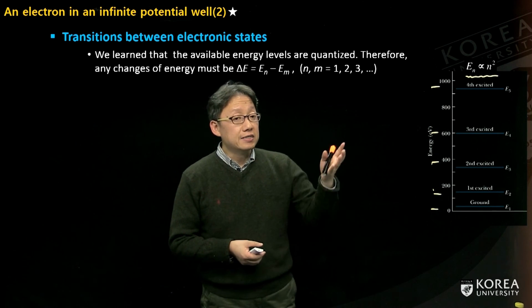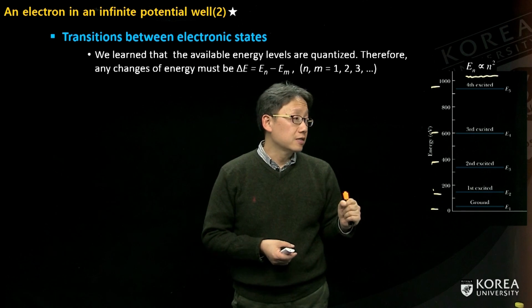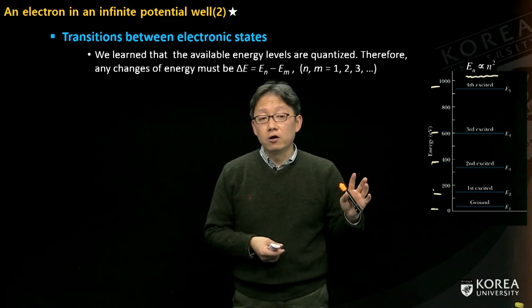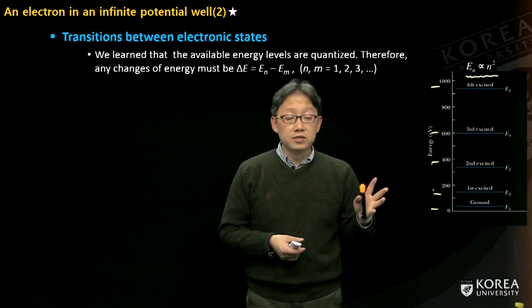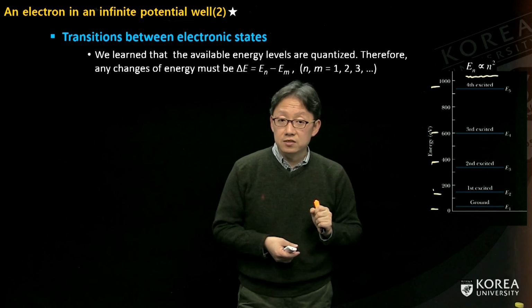Okay, and what it tells you is that in quantum physics, especially in the case of the infinite potential well, the available energy levels are not continuous, but discrete, which is completely different from the case of classical physics.